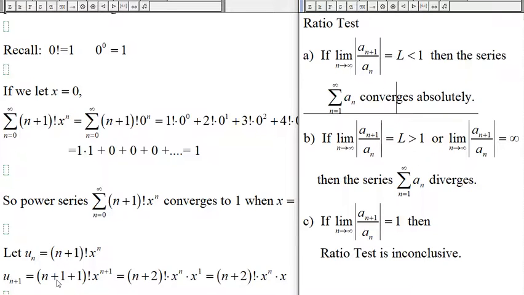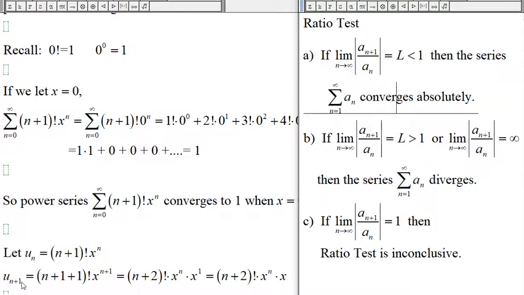This becomes (n plus 2) factorial, and x to the n plus 1 is the same as x to the n times x to the first, which is just x. So u sub n plus 1 is (n plus 2) factorial times x to the n times x.